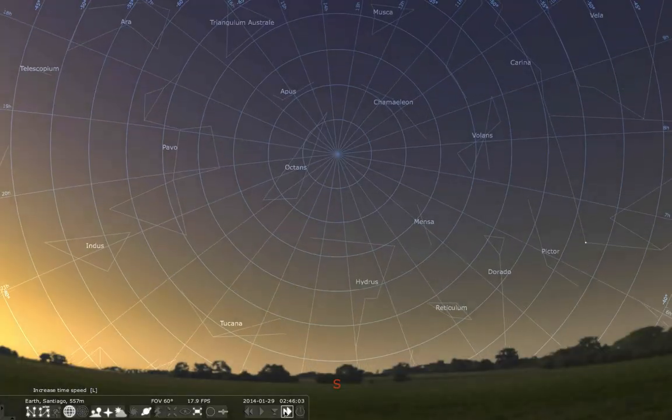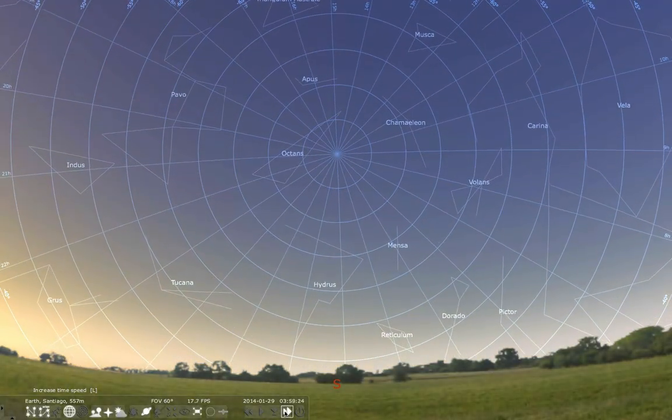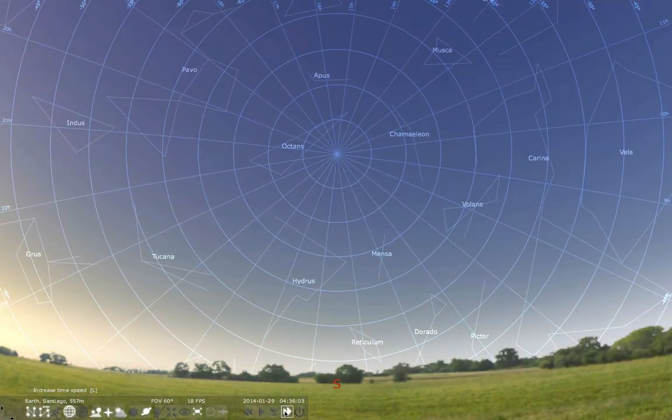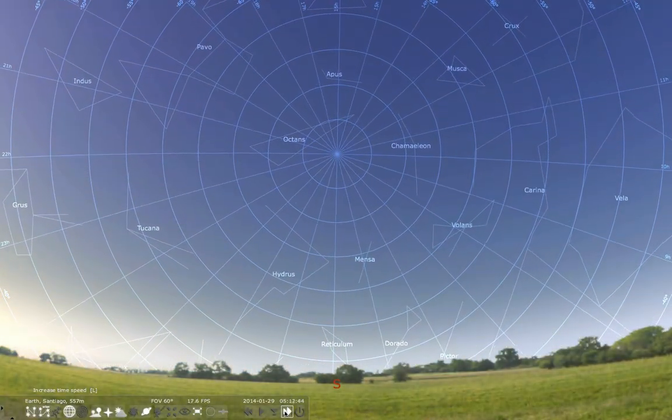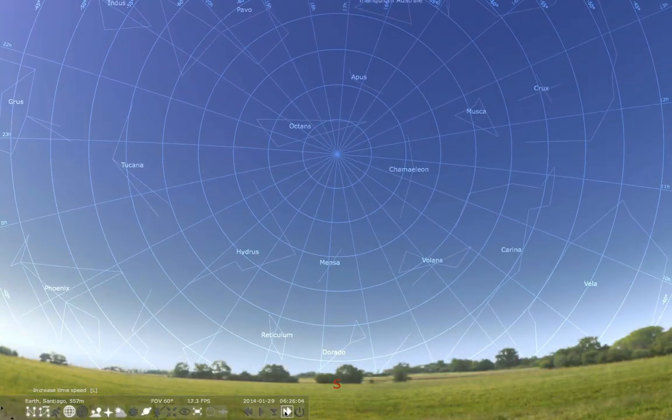As you can see, the constellations in the southern sky are all rotating around the South Celestial Pole. For stars within a certain distance of the pole, their rotations about it never bring them below the horizon, so they never set from our perspective.